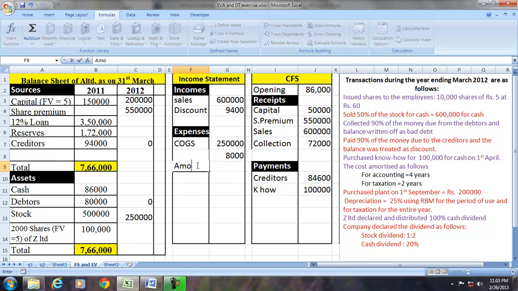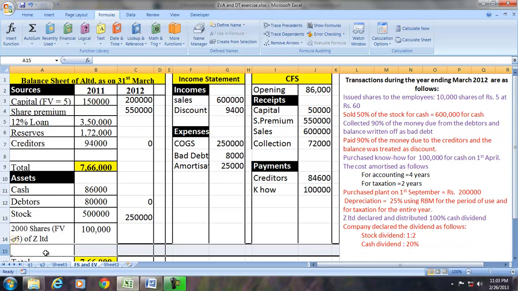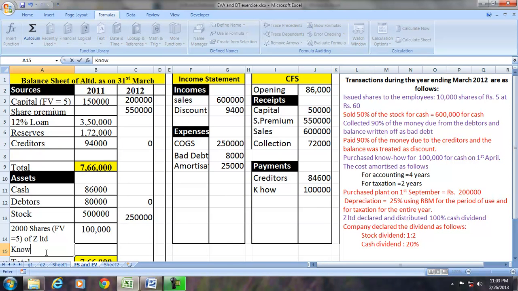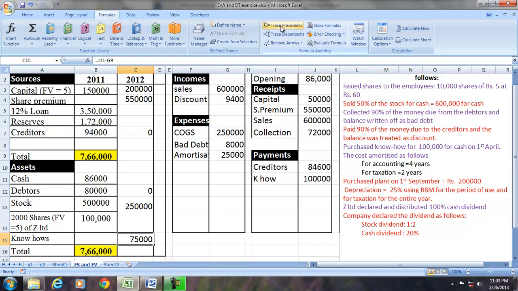So amortization of know-how is 100,000 divided by 4, and know-how is an asset, so know-how will be shown as 100,000 minus the amortization, so 75,000 will be shown as know-how on the balance sheet. 25,000 will be shown as an expense.